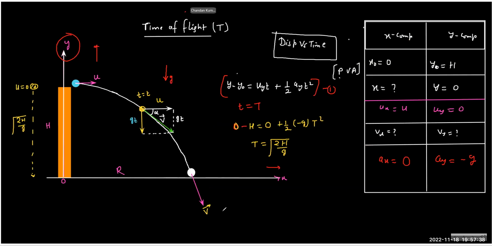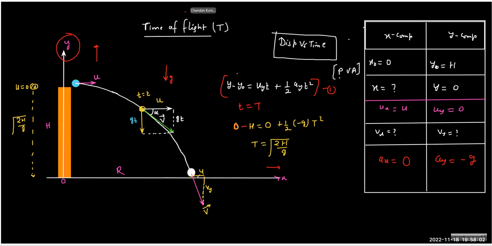What else they will ask? So this too we know. Even at the time of impact, your x component will be same as u. The only difference is the y component. This will change. So this u will remain u, and you will be asked to find alpha.